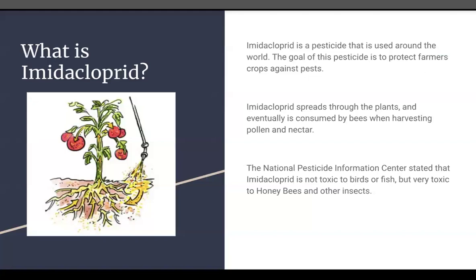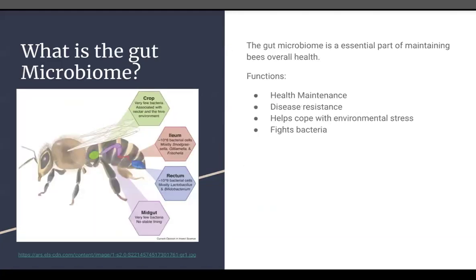The National Pesticide Information Center said that imidacloprid is not toxic to birds or fish, but it's very toxic to honeybees and other insects, which is why I chose to take a look at this. And it's a very popular pesticide. In 2015 and 2016 alone, there was approximately 1 million pounds used in the United States for agricultural purposes. It's mainly used on cotton, vegetables, and fruits.